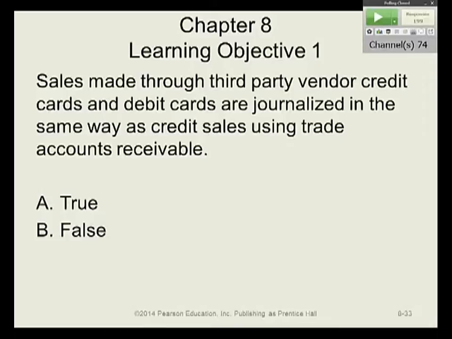Debit accounts receivable, credit sales. And for plastic sales, we're going to treat them as cash sales. So this one is going to be false because we record third-party vendor sales as cash. Internal credit, the credit that we grant, is treated as a regular debit to accounts receivable and credit to sales.